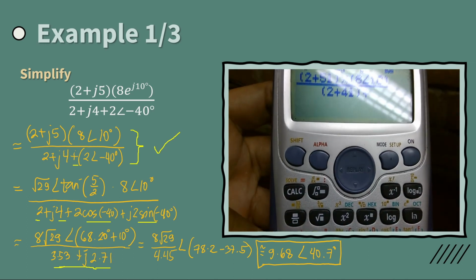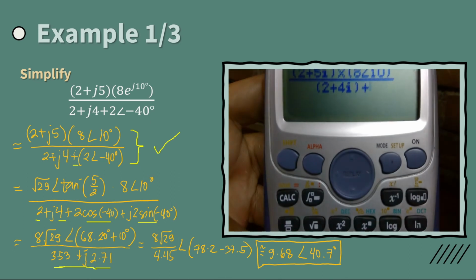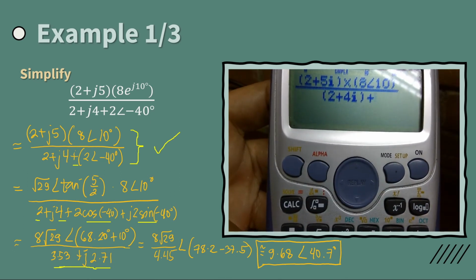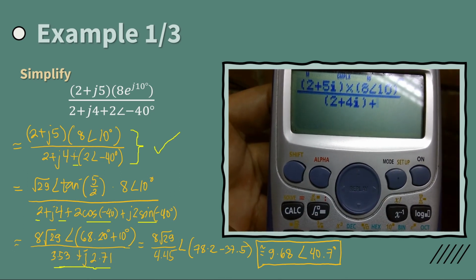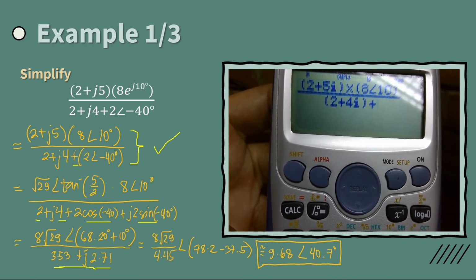So the 8e to the j10 degrees, you convert that one into polar form so you can solve it, because the calculator cannot solve exponential or trigonometric complex number forms.